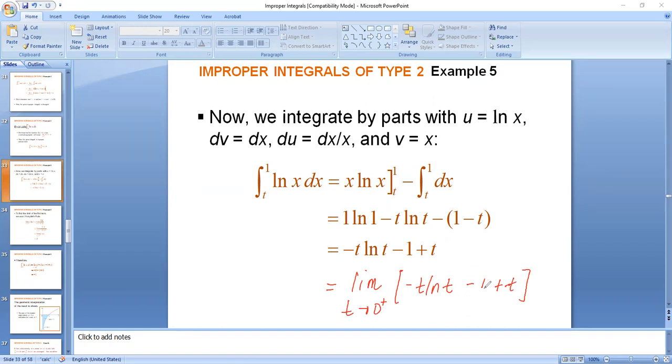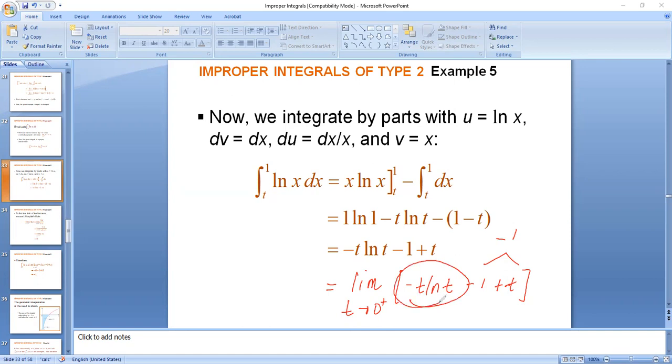We don't have any problem with the minus 1 because it's simply a constant, so it's not bothered at all by whatever t approaches. The plus t will just be 0 because you substitute 0 here. So for these two, you have negative 1, because negative 1 plus 0 is negative 1.